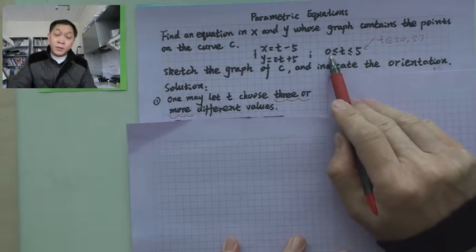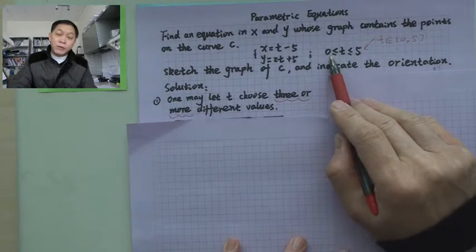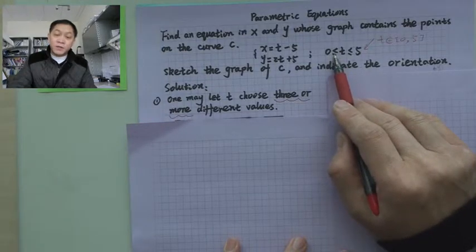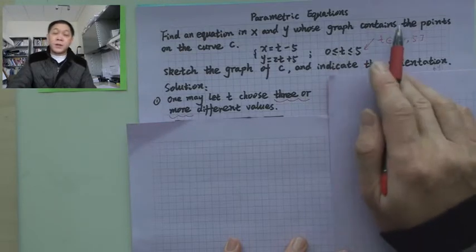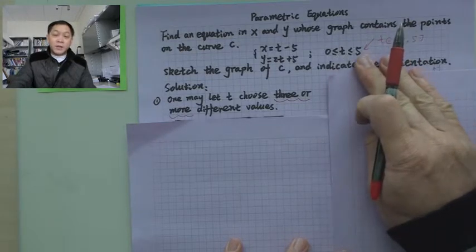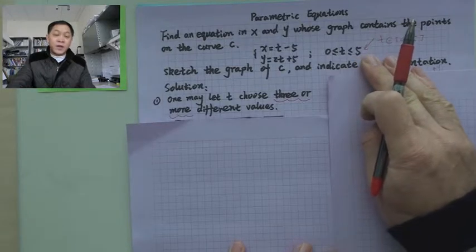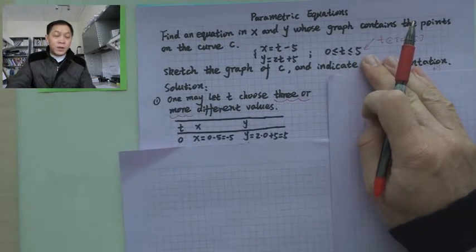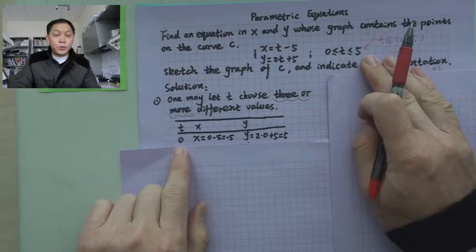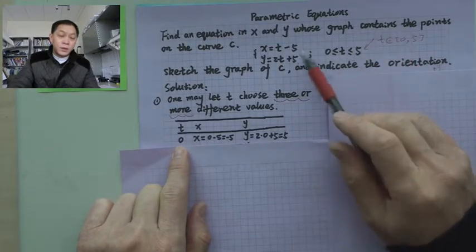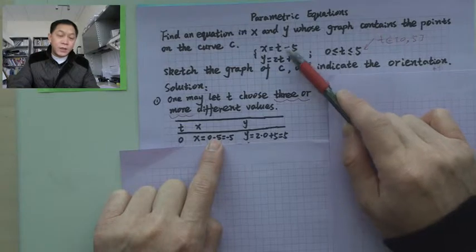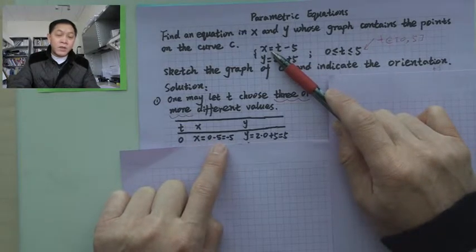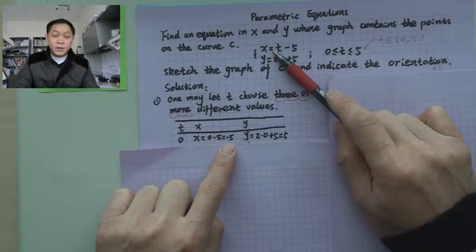Now let's choose the 3 different values. Start with the smallest one. You may not start with 0, but here let's start with 0 and end with 5. So t equals 0, then x equals 0 minus 5, which is negative 5.